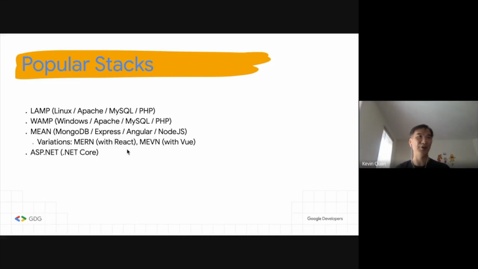And there are some variations in terms of the MEAN stack. There are some I'm not even familiar with. We're using Angular and Node.js. There's also ASP.NET Core, and I've been working on those for a number of years. So Microsoft is still supporting these.